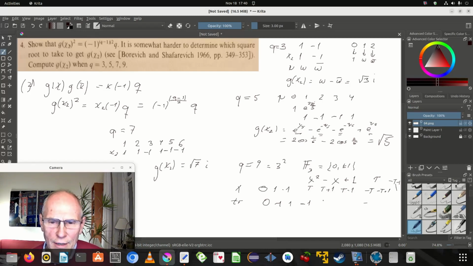The trace is additive, so it's +1, and no, it's not. It's -2, it's +1, and t -1, it's naught. It's the one that has x squared +1.